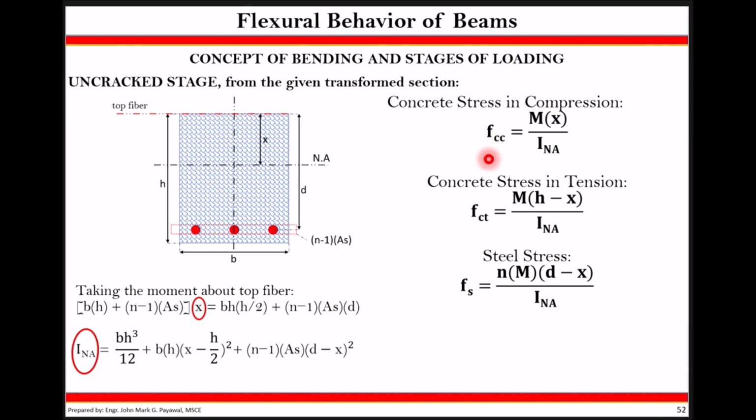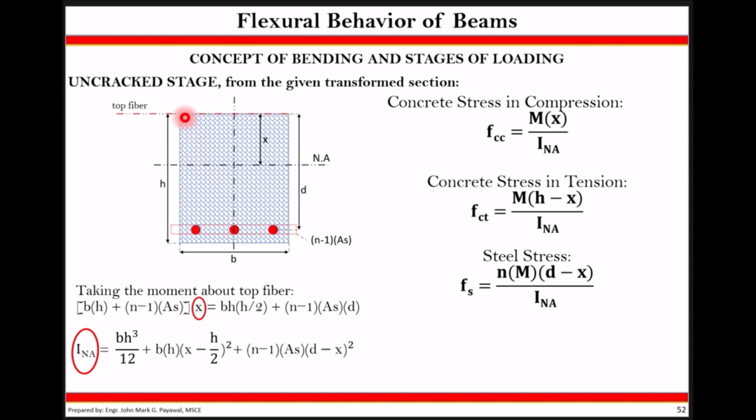For f_cc equal to M multiplied by x over I_NA, if we take a look at the figure, the transformed section on this region is experiencing stress in compression. And the extreme fiber distance for this region in which compression is manifesting is equal to x. Going over to this region, which is also concrete, that would now be the extreme fiber distance.